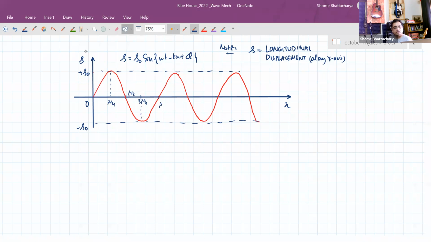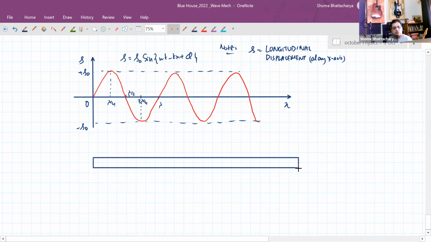Then before we get into the pressure wave, let's also visualize how the particles in the medium are located.